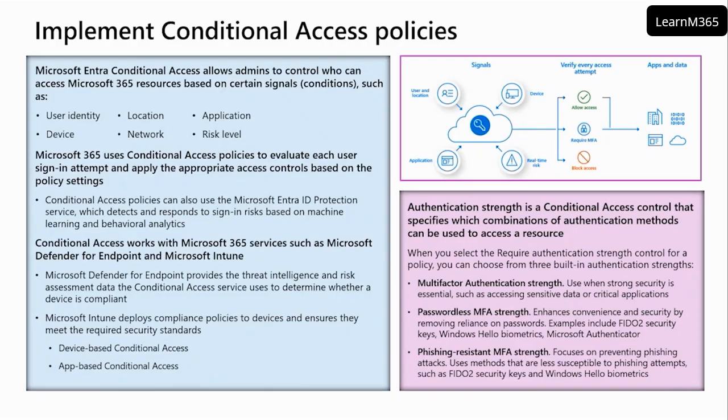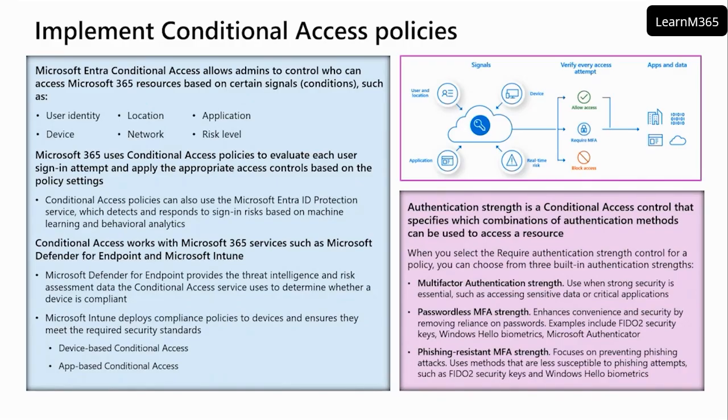It will work in real time. So it will collect the signals: who is the user, what is the location, what is the IP address, which network that person is using, whether the device is compliant or not, which application that person is trying to access. And it will also check real-time risk: sign-in risk, user risk, insider risk management. All right, and according to whatever conditions you have set up, it will follow that.